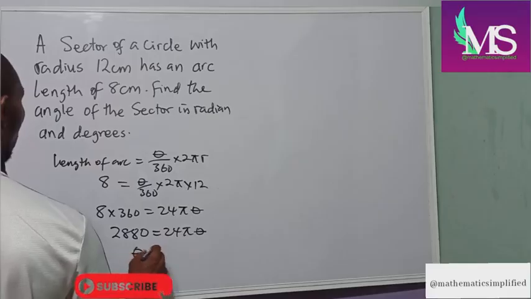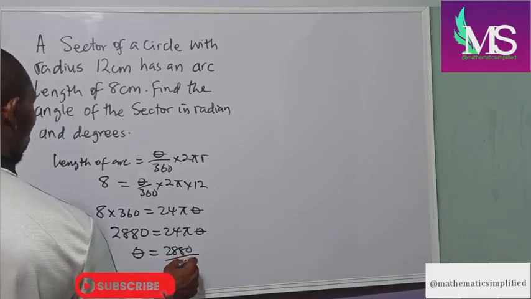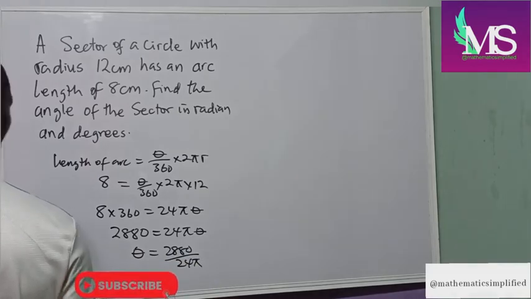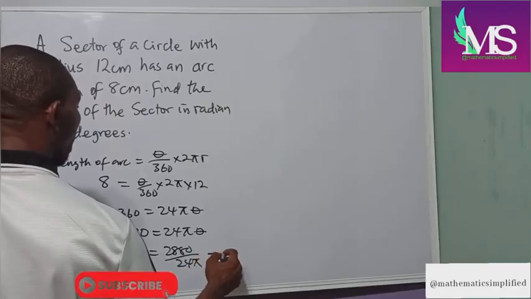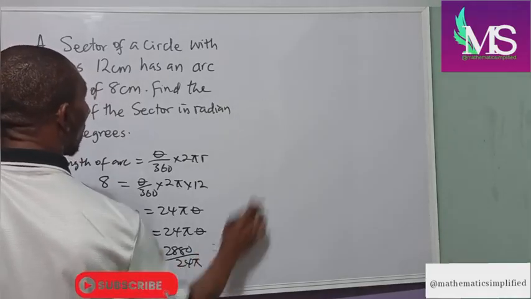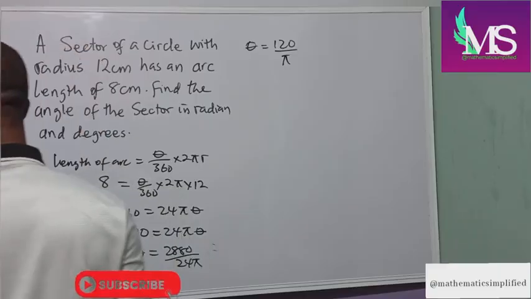So our theta equals 2880 divided by 24 pi. Dividing by 24, our theta is 120 over pi.